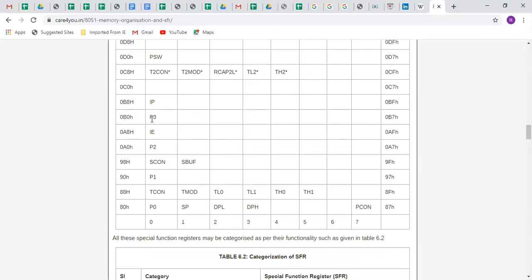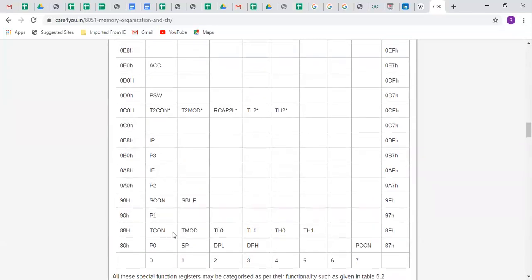So we can access these ports by their names as P0, P1, P2, P3, or by their memory addresses as 80, 90, A0, B0. The other special function registers are the TCON, timer control, TMOD, timer mode, TL0, TL1, timer low, and timer high.